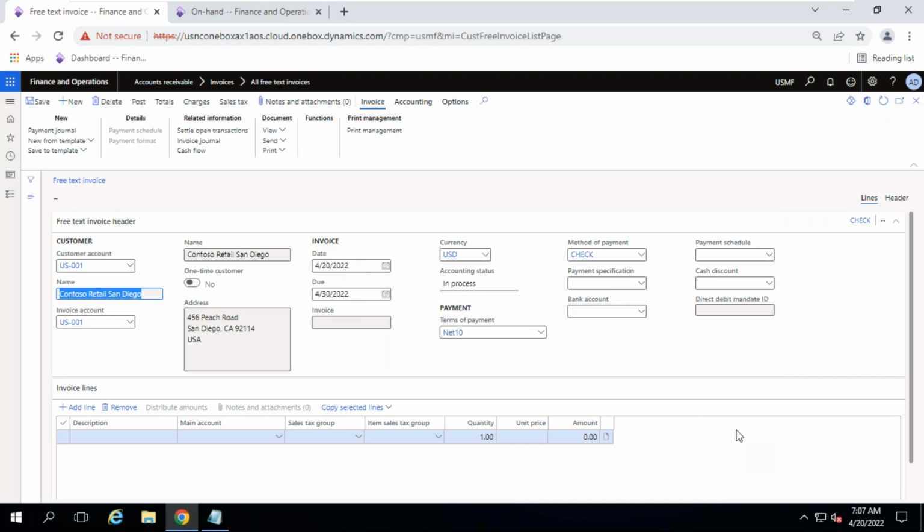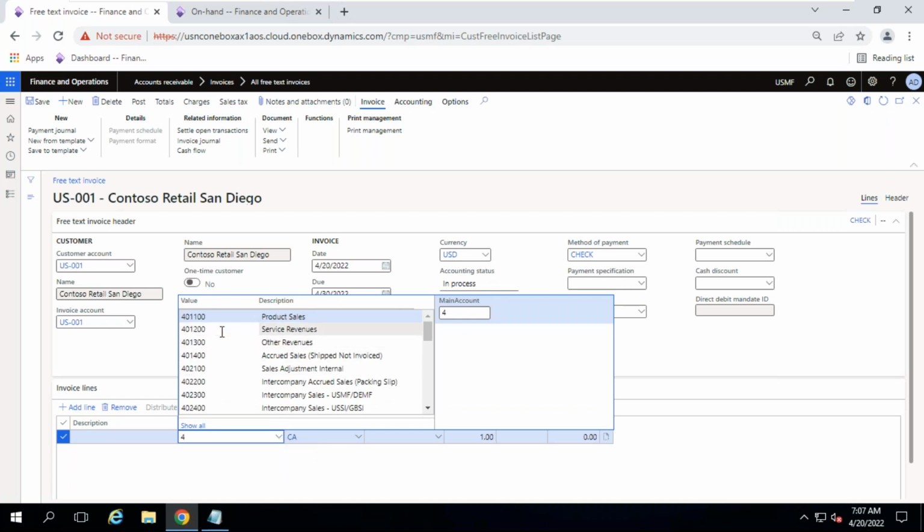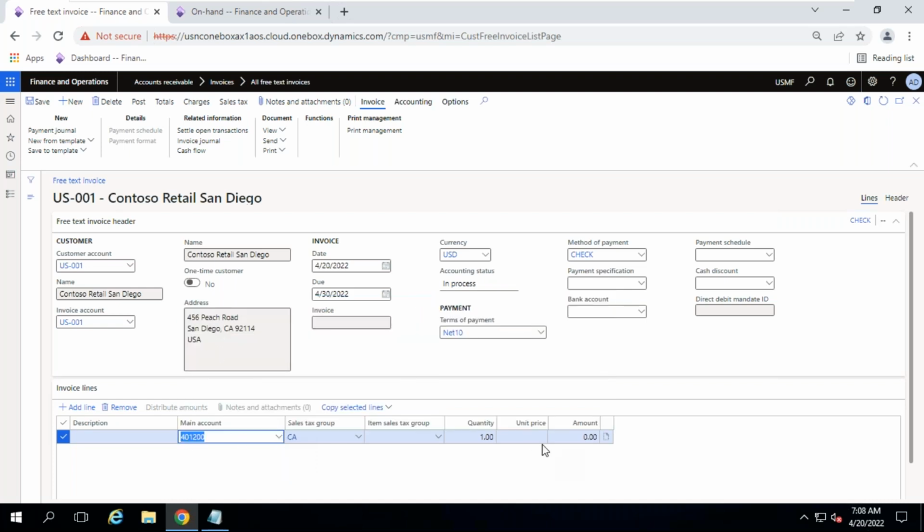This is today's date. Today it is 20th April. Today's date is coming. Due date you don't know. Currencies, where they come from, you don't know. Terms of payment, methods of payment, all these things you will understand slowly. Okay, fine. Now here I need to select the revenue account, 4 series, services revenue.